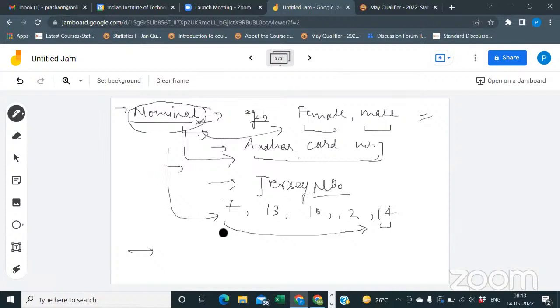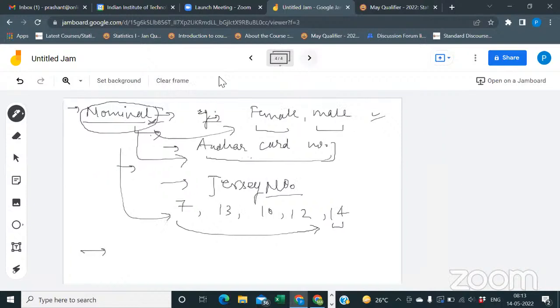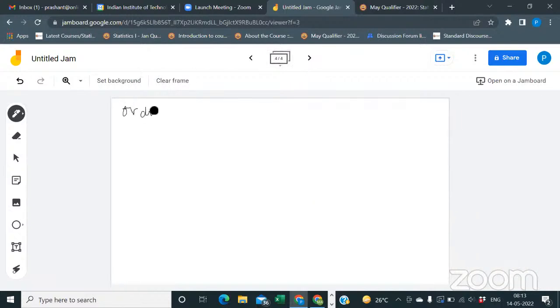Ordinal. Till this point, it's clear to everyone? Yes, sir. Okay. Now come on to ordinal. I said ordinal is also used for categorical data.